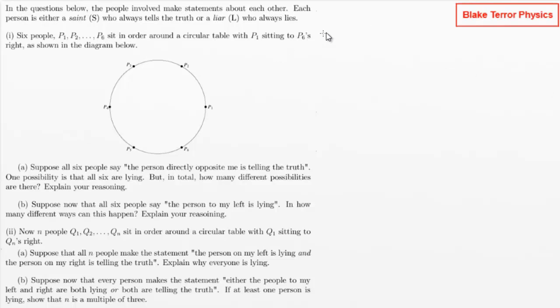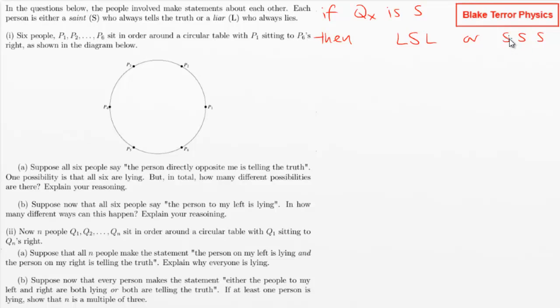Right, okay, let's take a general person then. So if QX is a saint, then we will get a saint in the middle, and they're saying the person to their left is, they're either both lying or they're both telling the truth. So it would be that or that.